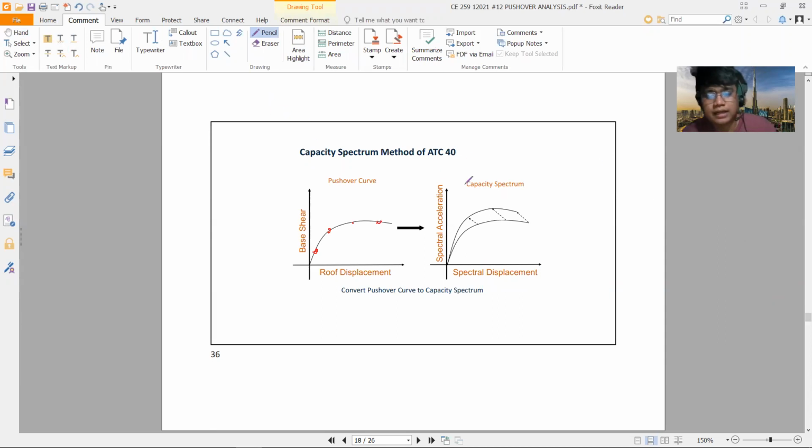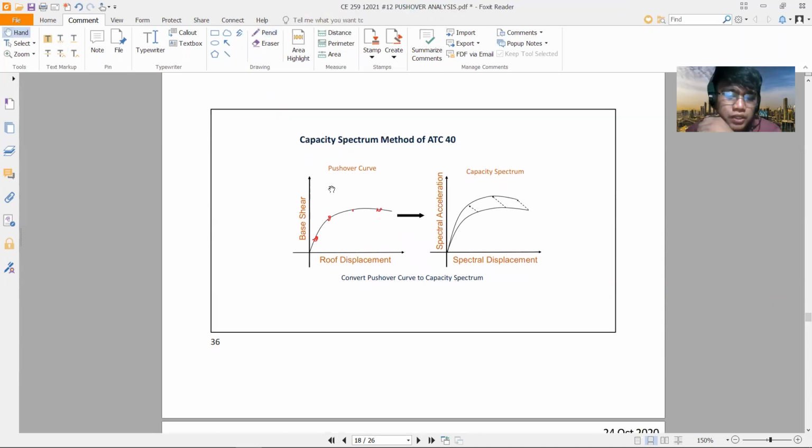Okay. Then after that, the base shear will be converted to a capacity spectrum. So the pushover curve is converted to a capacity spectrum. So how is that converted?